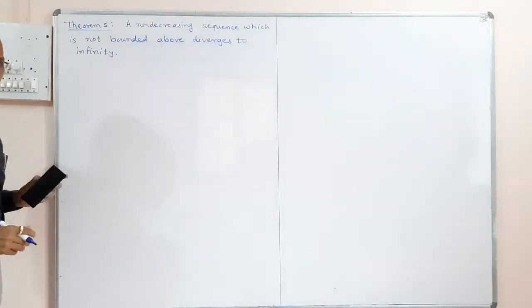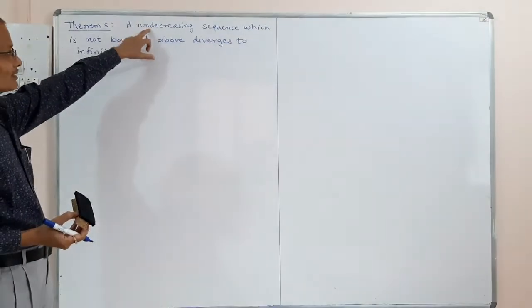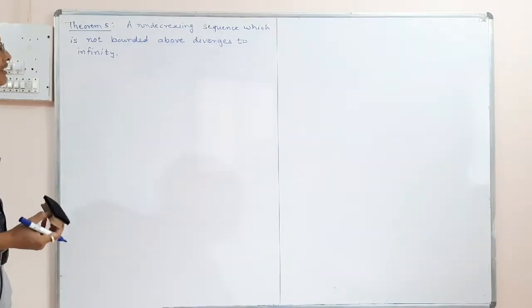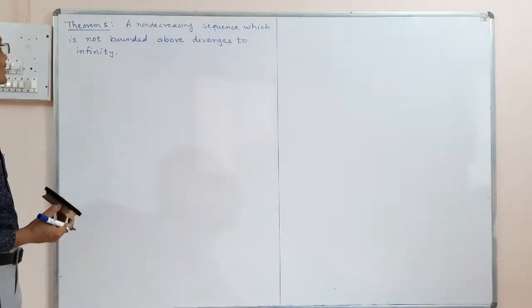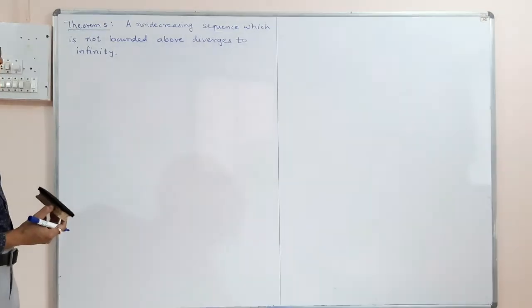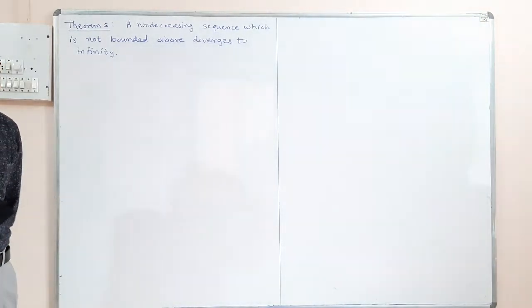So this is our next result. A non-decreasing sequence, or in the simple sense an increasing sequence, which is not bounded above, will diverge to infinity. So this we have to prove.